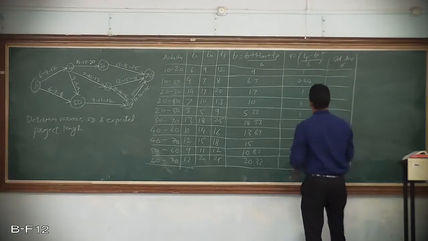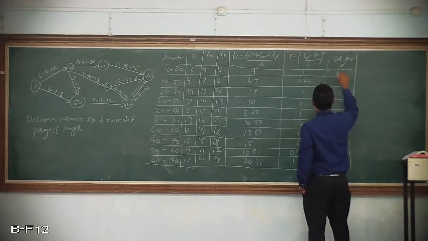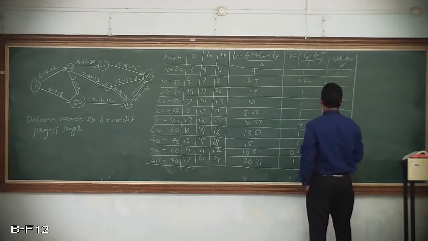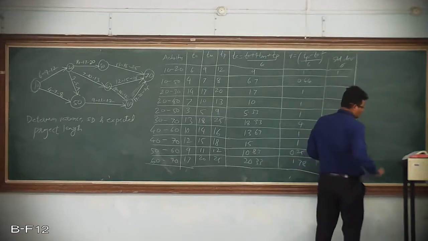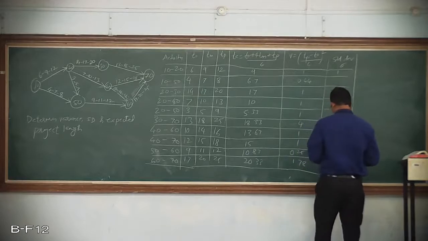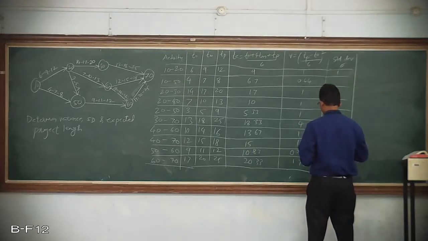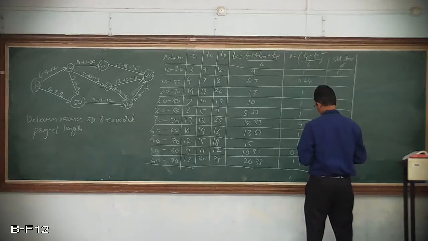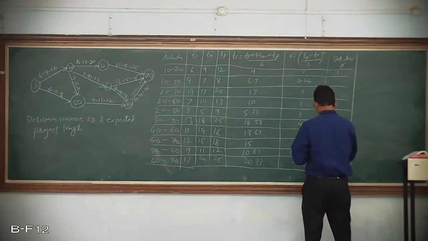So you can just calculate 0.44. So the square root of 0.44 is 0.663.